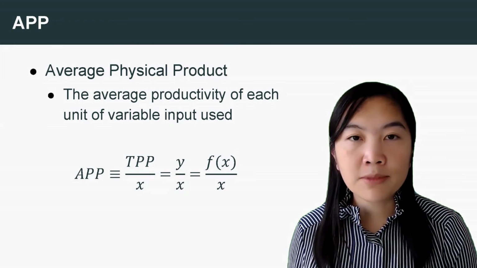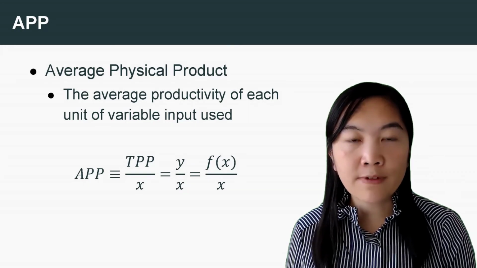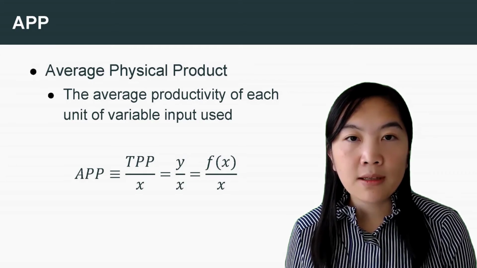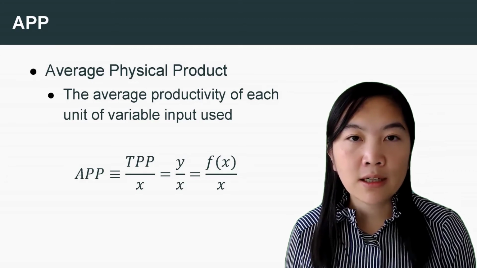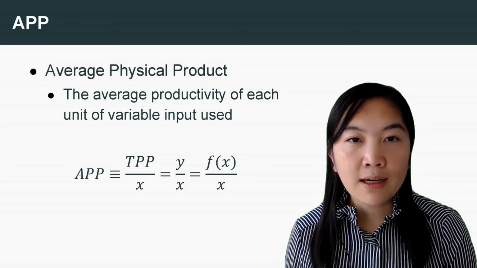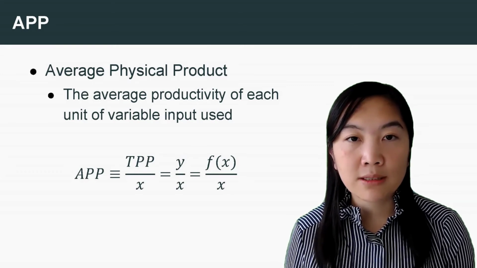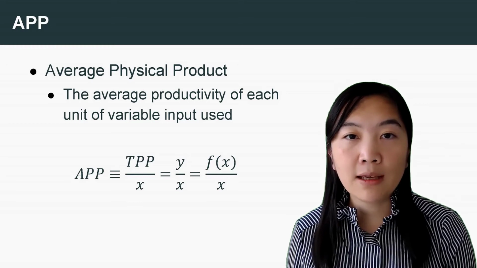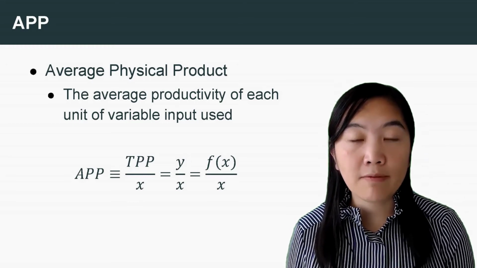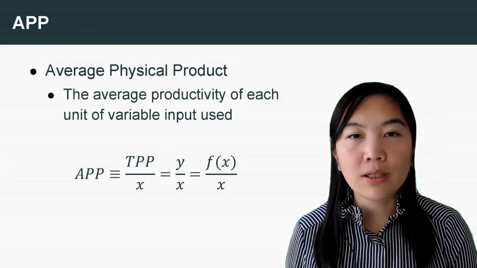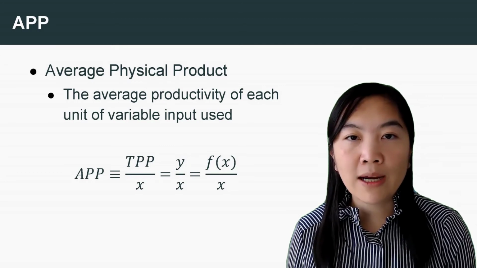In terms of mathematical functions, APP is defined. Here you see new notation with 3 horizontal lines. That means defined. So APP is defined as TPP divided by X, which is also equal to Y over X.